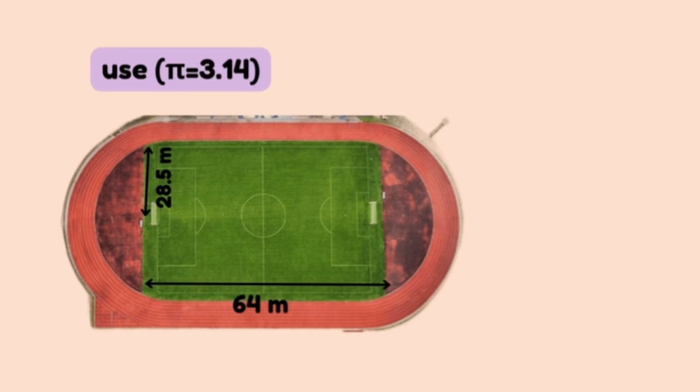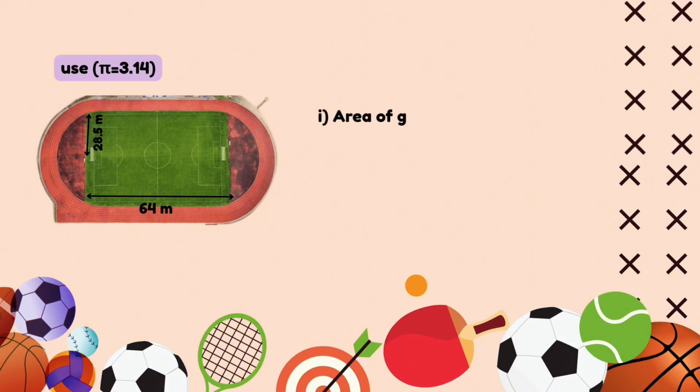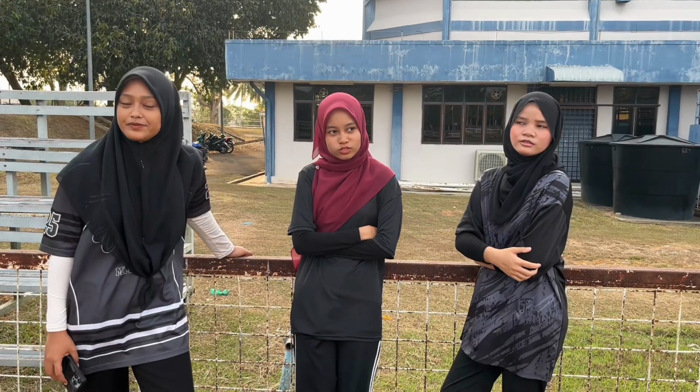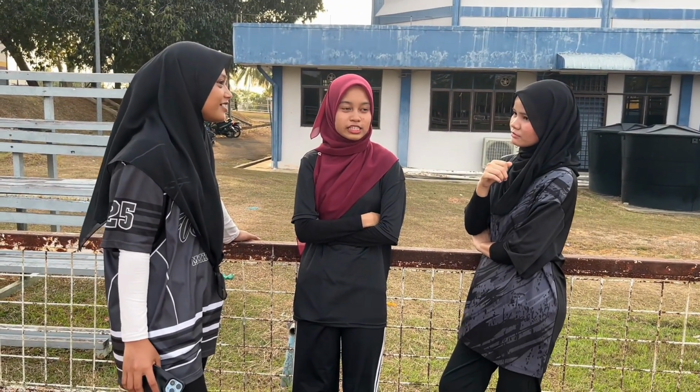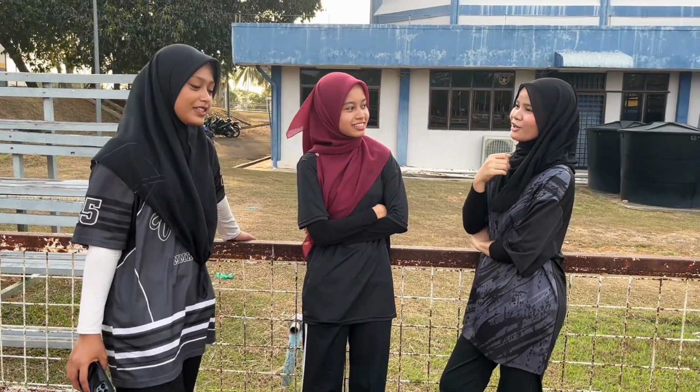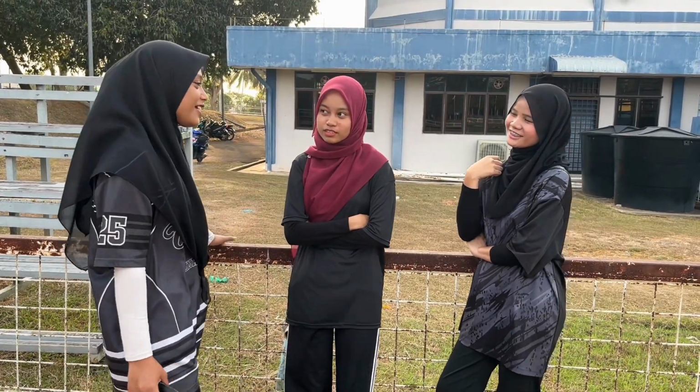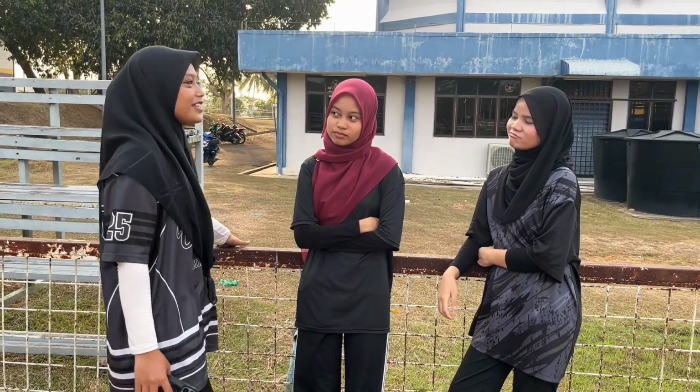If the field is 64 meters long and 57 meters wide, the area is 64 times 57 equals 3,648 square meters. So, geometry helps us calculate distance for running and space for activities. That's proof that geometry can be used in real life, especially in design.